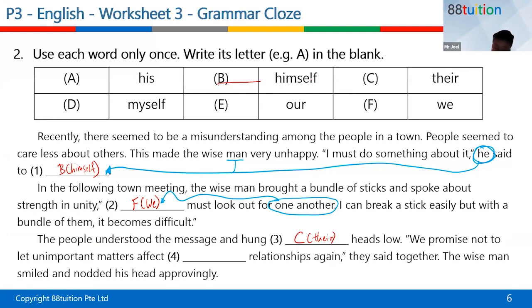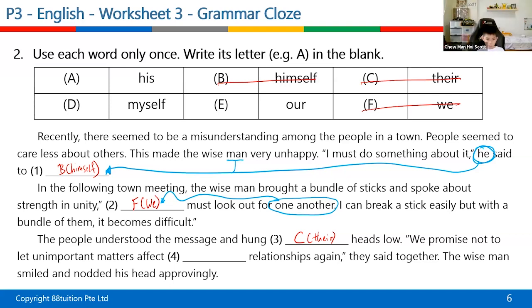So far we've used B and we've used F and now we've used C. Why is it their? What's the clue here?